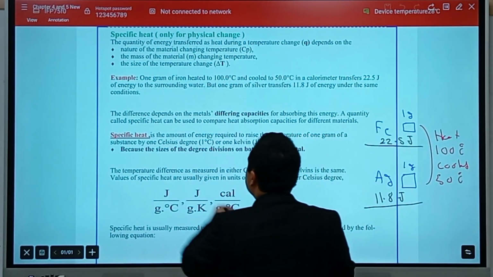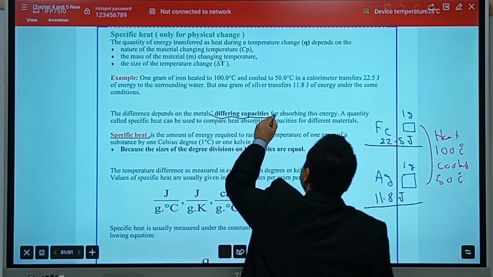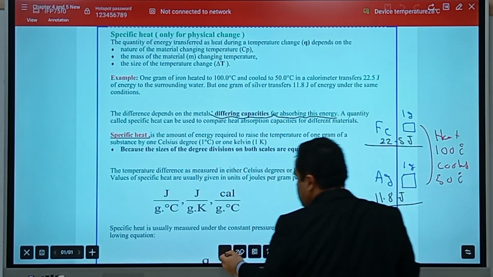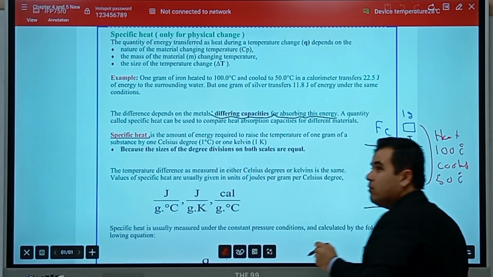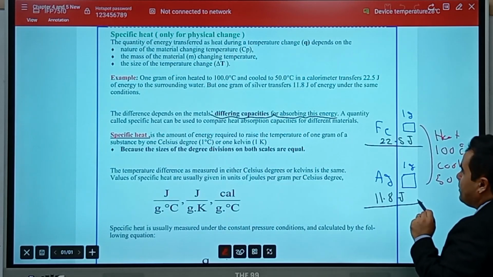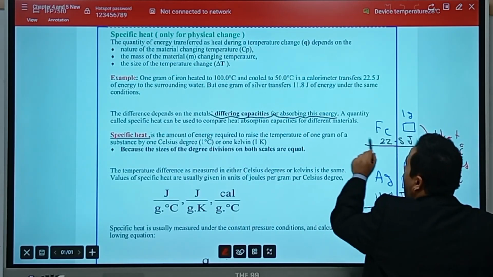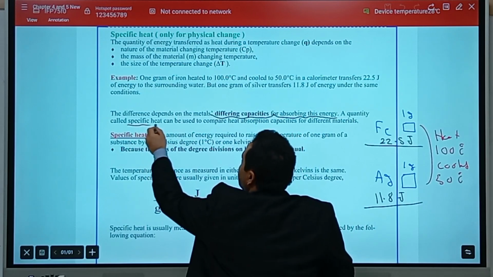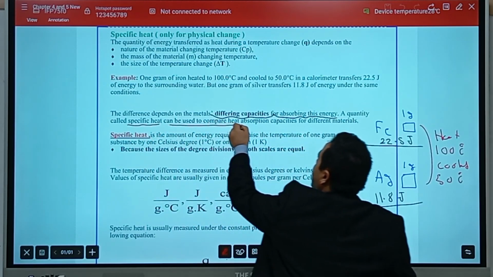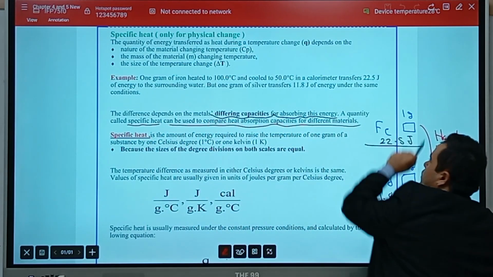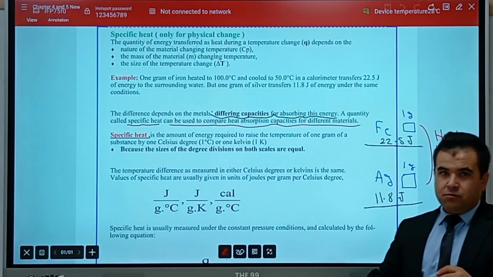So the difference depends on the metals' different capacities for absorbing this energy, guys. A quantity called specific heat can be used to compare heat absorption capacities for different materials.